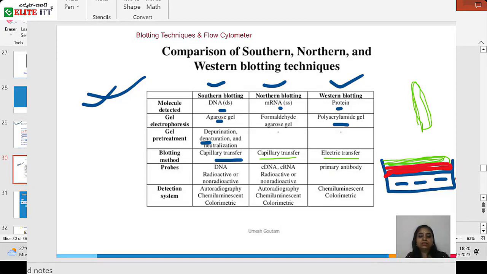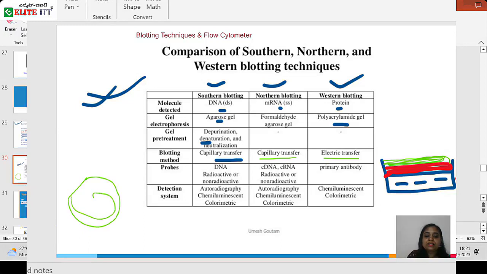Ma'am, how does capillary transfer take place? How can I explain capillary action? Whenever you light a lamp, you put oil in a container, and on it you add one cotton thread, right?